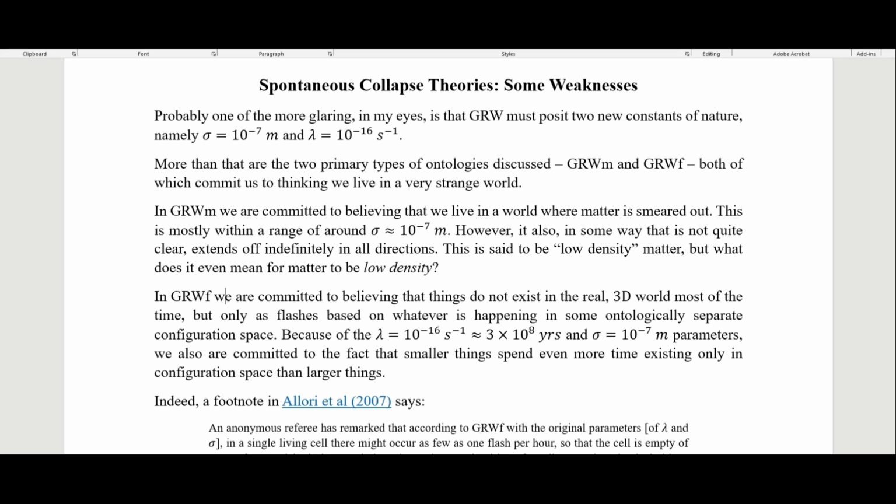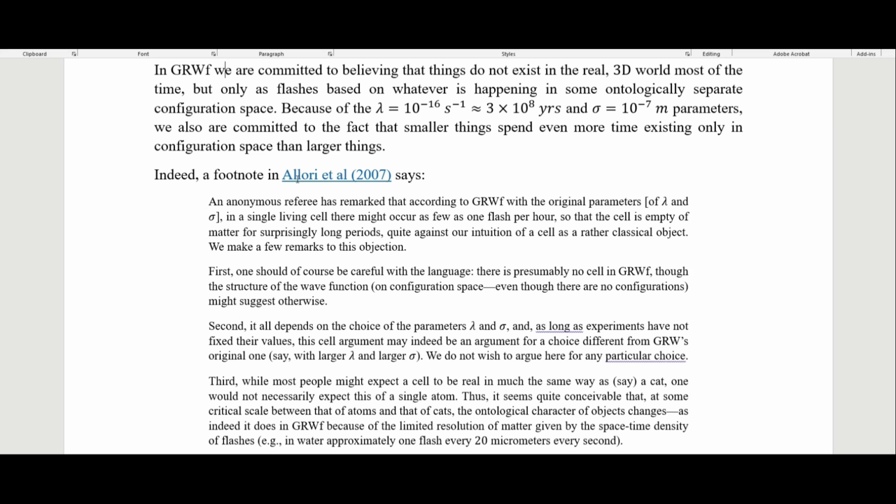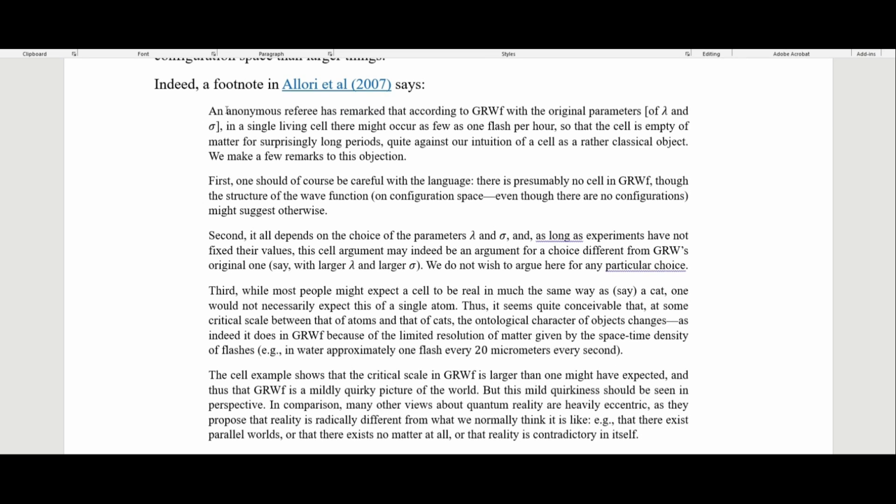Indeed, in a footnote in another paper authored by Allori et al. in 2007, it says this: an anonymous referee, somebody who was peer reviewing this paper, has remarked that according to the flash ontology with the original parameters, in a single living cell there might occur as few as one flash per hour, so that the cell is empty of matter for surprisingly long periods, quite against their intuition of a cell as a rather classical object.